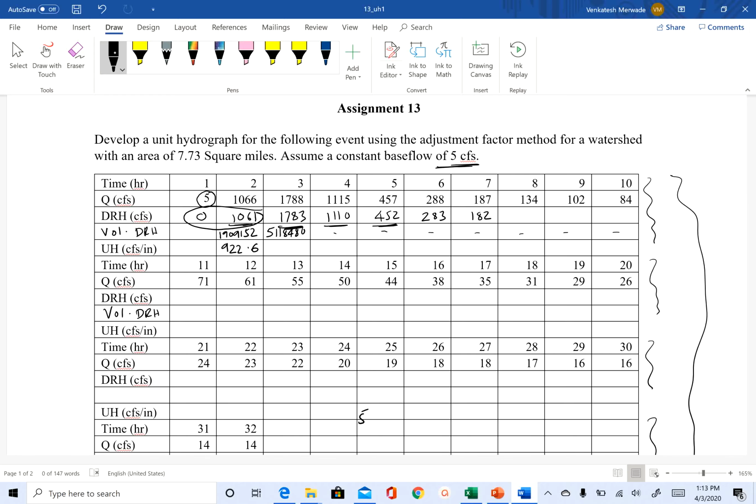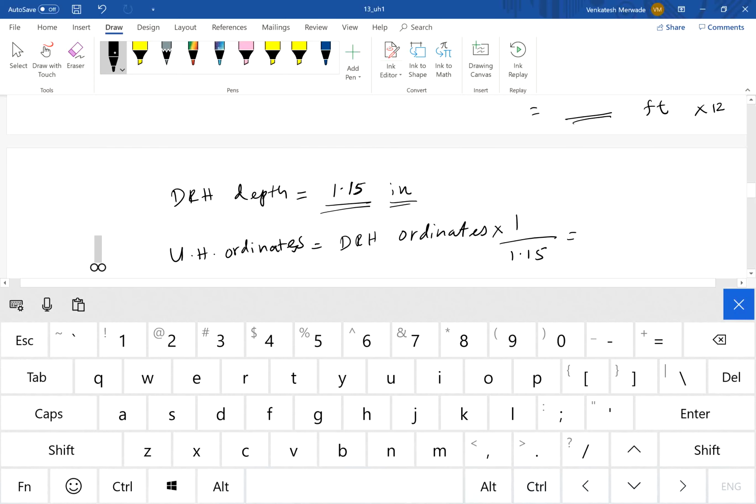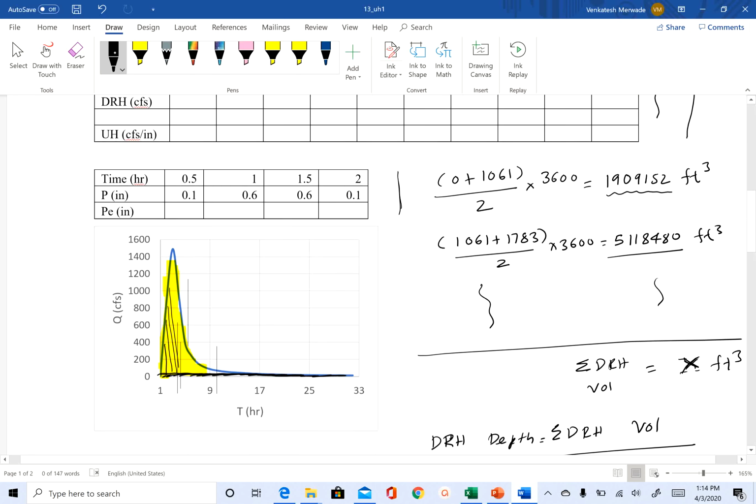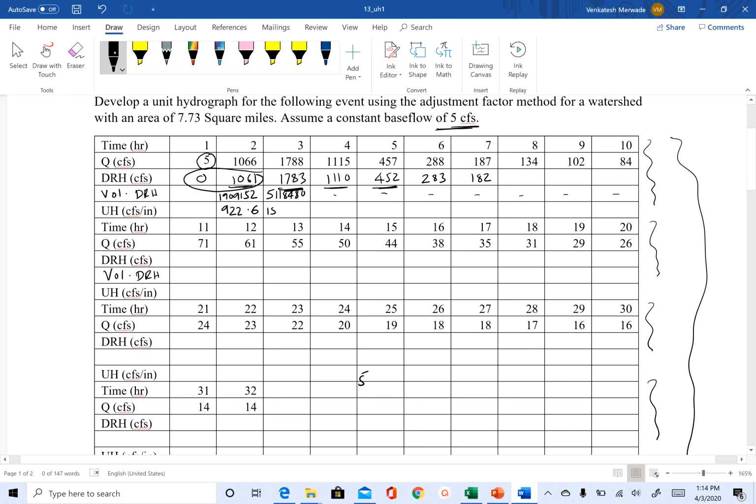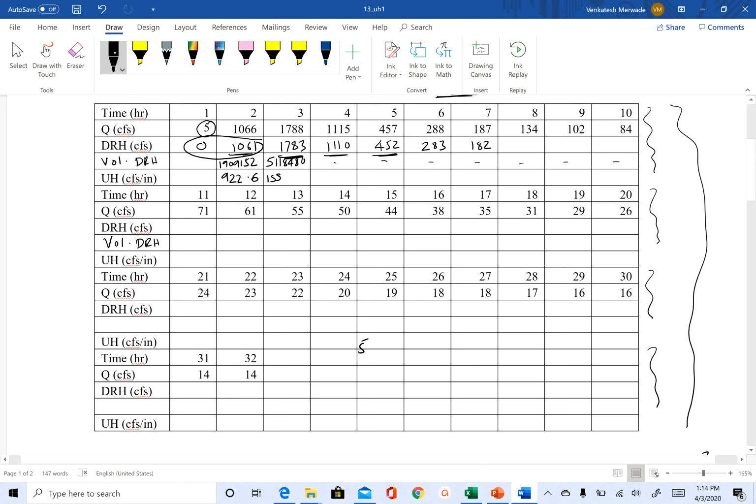Let me do 1783 divided by 1.15. And that's 1550.4. I'll just write one decimal.